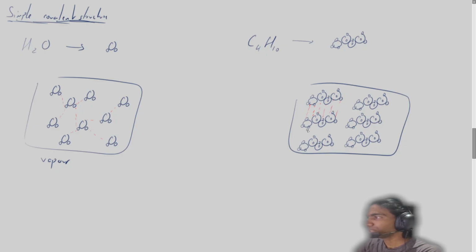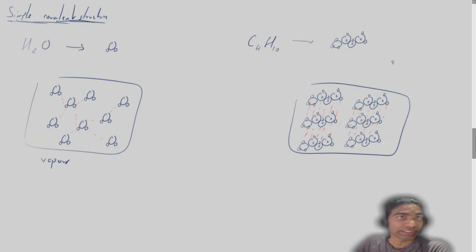The key summary that you should take away from this is that if you have a simple covalent structure, or a molecule that is covalent, and you are increasing the size of that molecule, the longer the chain, the more surface area for which there's going to be more, stronger intermolecular forces. That's to say, if the structure has a very long chain, you can be more confident that it's going to be a solid.